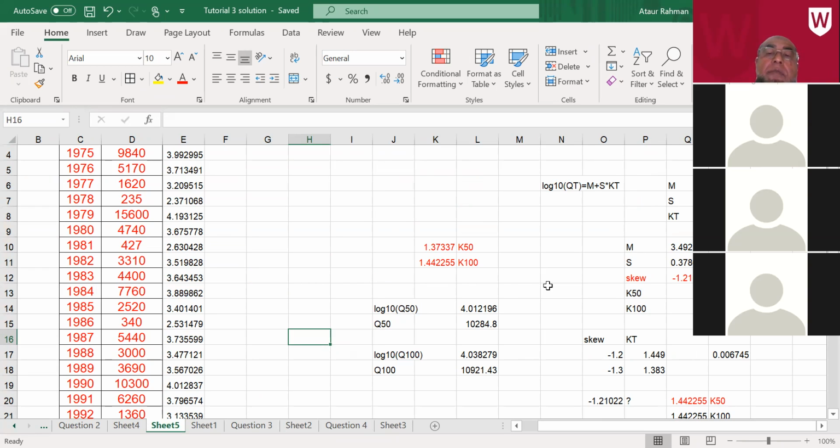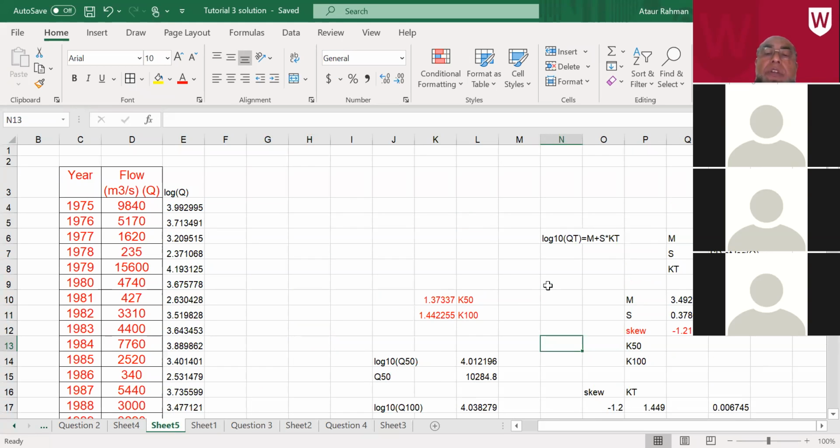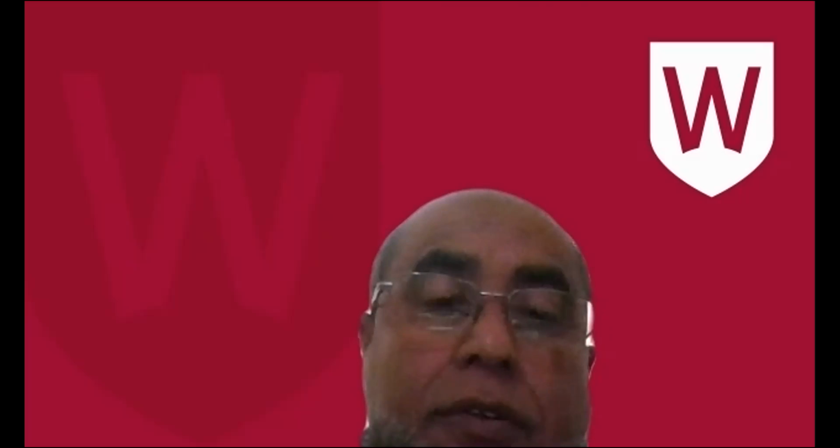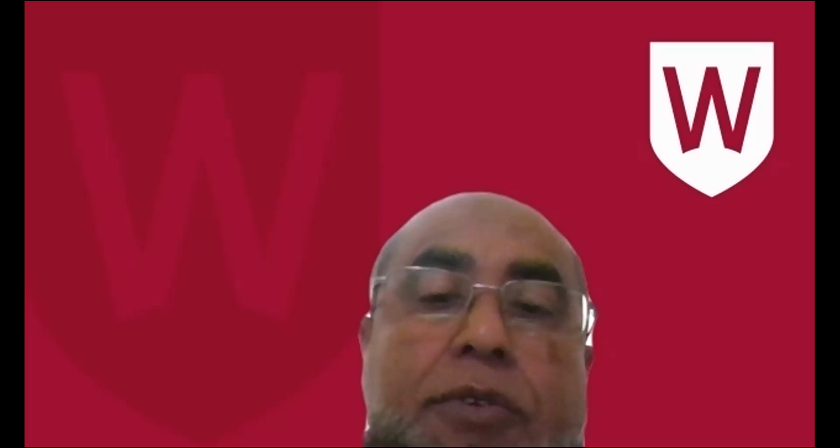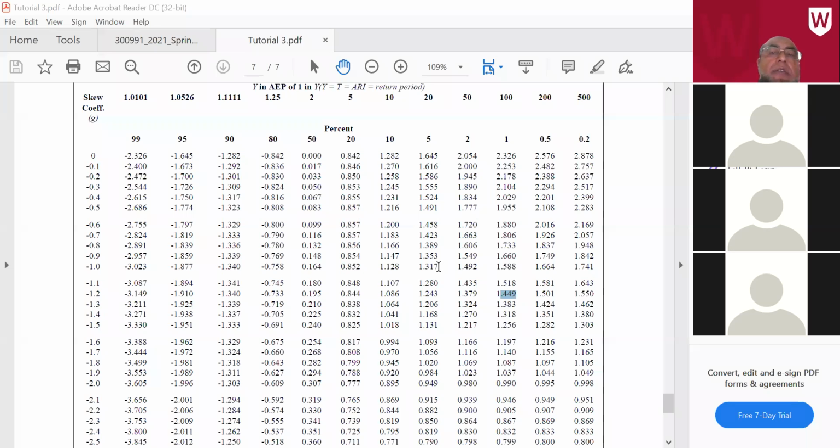I was expecting that the Q100 value will be higher according to the LP3 distribution. So let me see one thing. Let us see our table again. Maybe we are doing something wrong somehow. Wait, sorry, it is higher though. Not that much higher, but the Q100 is higher than Q50. So what's the problem with it? 1.449, and 1.383, 1.37.